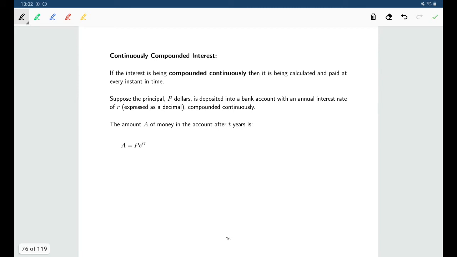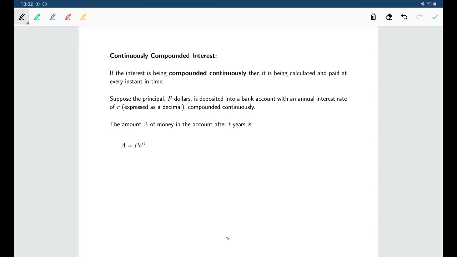Now, we do have another kind of compound interest where instead of having interest compounded daily or weekly or monthly, it's being compounded at every instant in time, continuously. So not just every day, but every second, every fraction of a second, interest is being calculated and paid out.